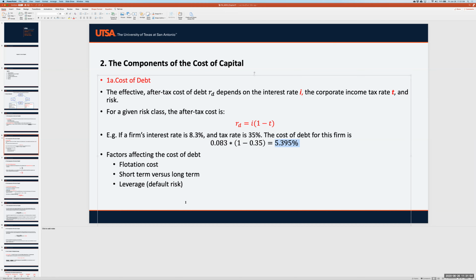And factors affecting cost of debt: flotation cost, which is paid to investment bankers or investment firms; short-term versus long-term, since long-term debt usually costs much more than short-term; and leverage, the percentage of debt over total assets.